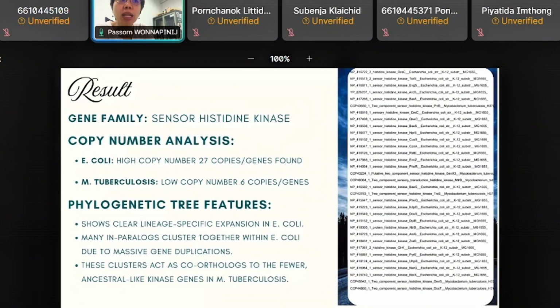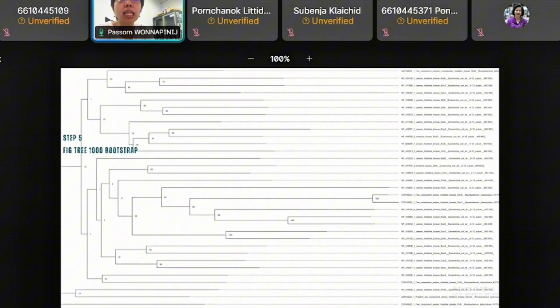Clear lineage specific means that you expect to see a monophyletic clade of histidine kinases, all of them belonging to one species. Am I correct? Yes, I think.